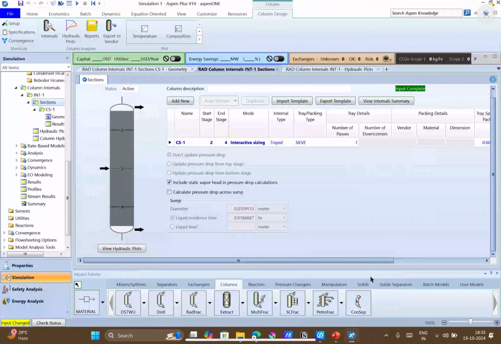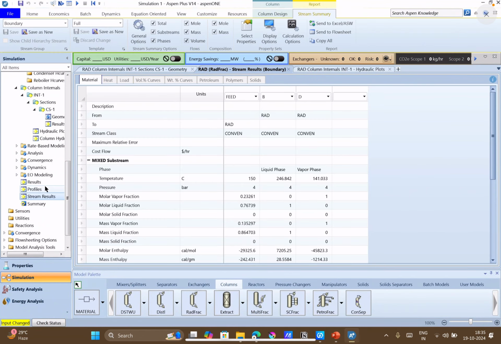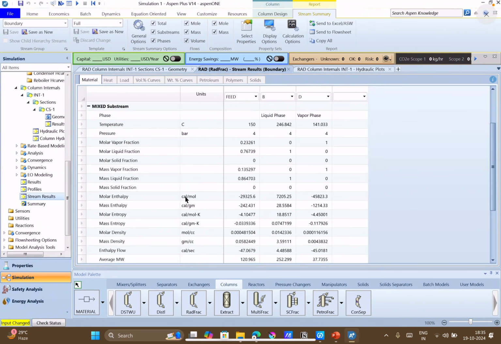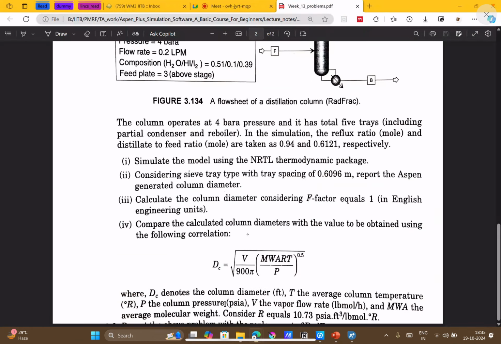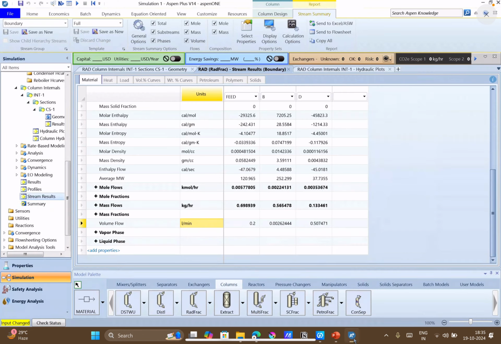So here what we need is the volumetric flow rate. Sorry, the vapor flow rate we need in pound mole per hour.